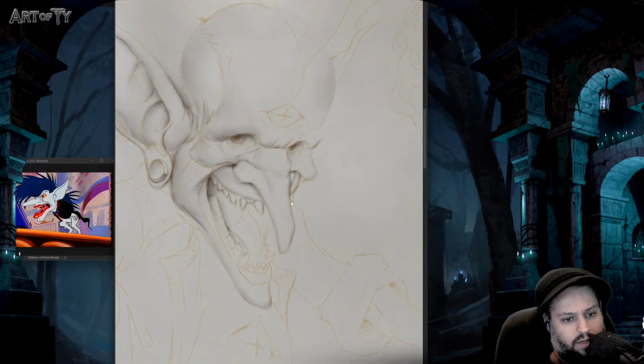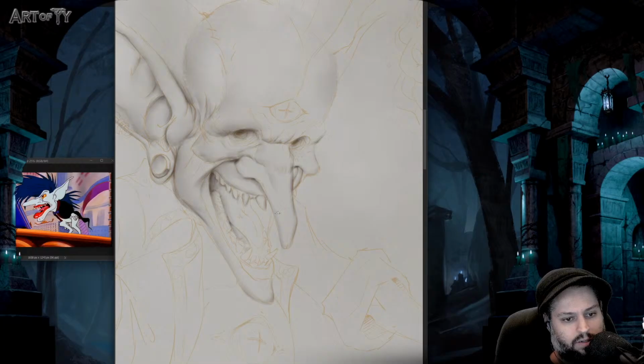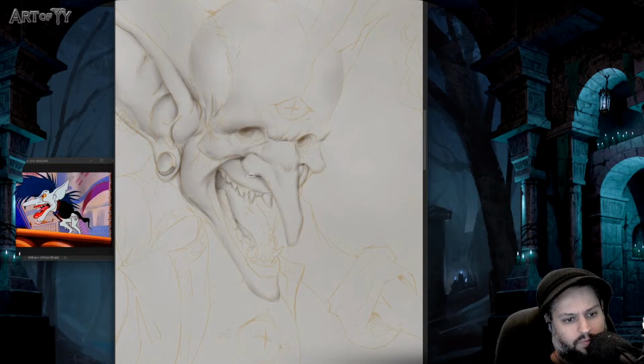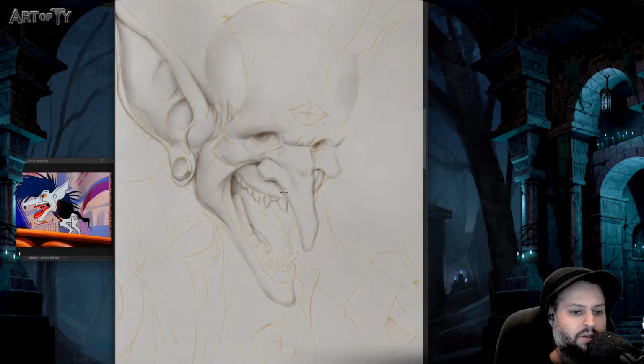So, yeah, he's got quite the schnozola here. If you're somebody who has trouble drawing noses, well, maybe try drawing some crazy goblin noses. That might just break you out of your rut.